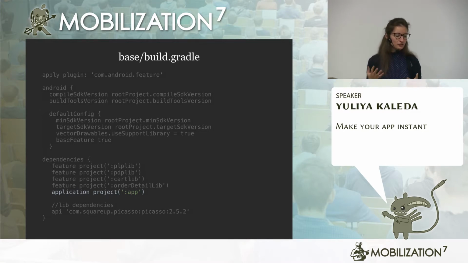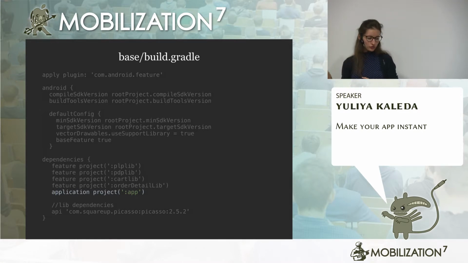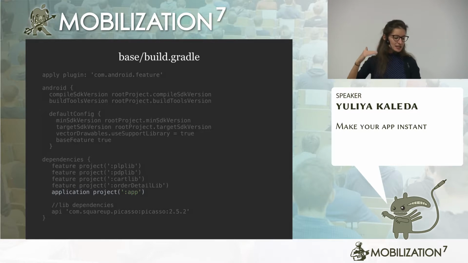So the build.gradle file of the base module. Yes, the plugin specified is com.android.feature. In the dependencies block, you can see that we specified that the base module will be the base for our feature modules.